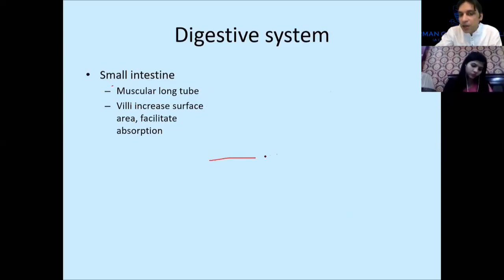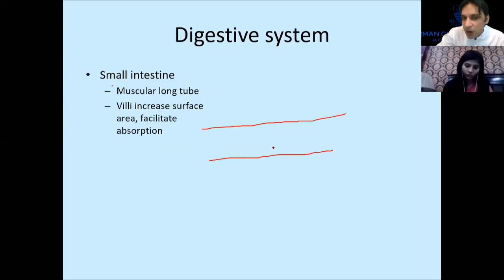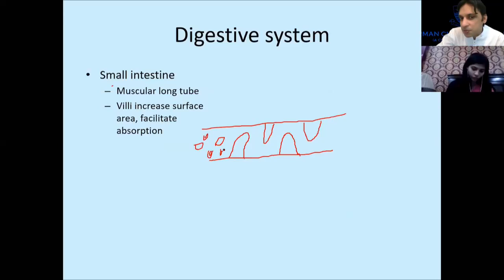The last part of the small intestine contains finger-like projections. This is the side view of the small intestine. So when the food is traveling, you can guess the food is now digested into simpler components.